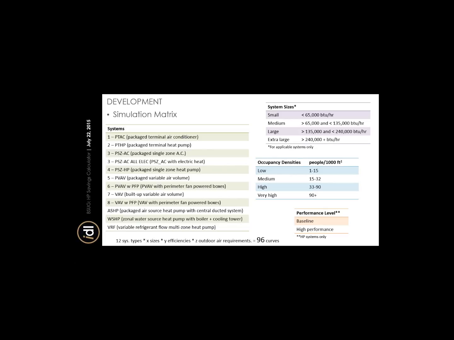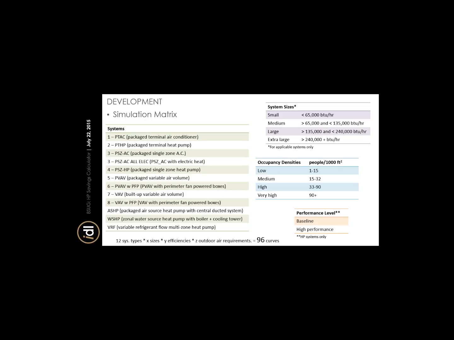What we did was run the EnergyPlus medium office reference building with all these different system types and occupancy densities, and then scaled up system sizes and high performance and baseline.